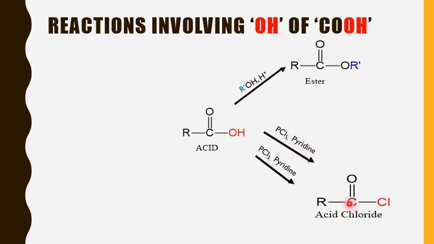Similarly, the acid chloride can also be formed with another phosphorus chloride, phosphorus trichloride, PCl3. Both will give the same main functional group, acid chloride, with different side products. You can also get the same product, acid chloride, from carboxylic acid by the action of thionyl chloride with a mild base.